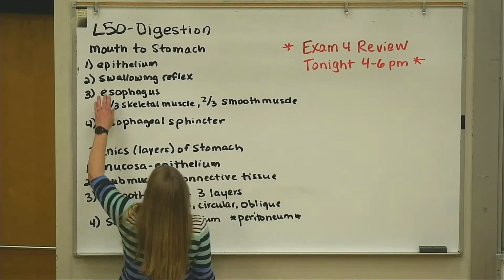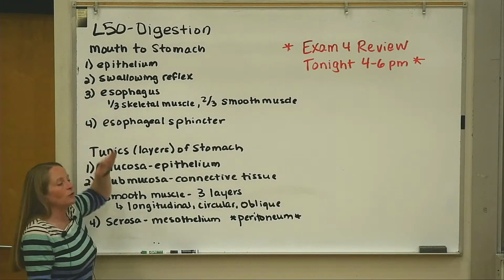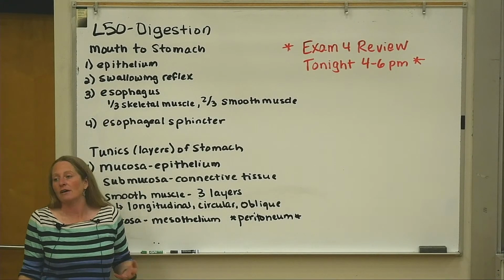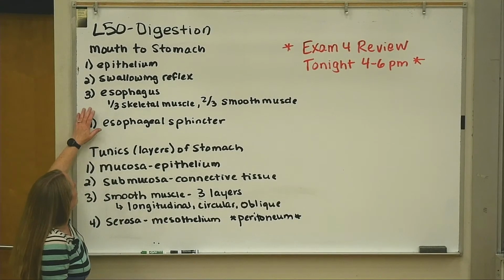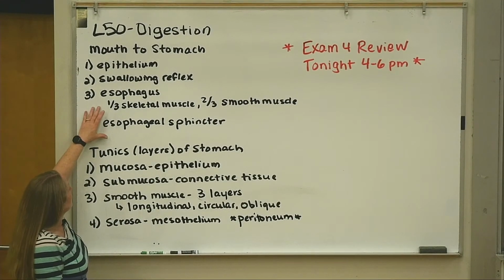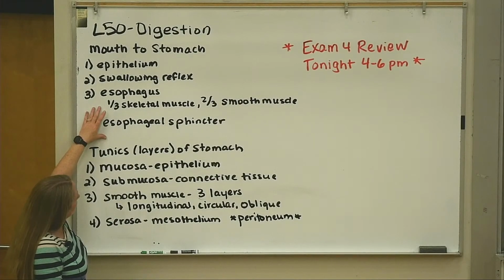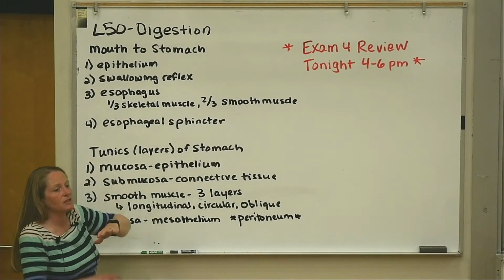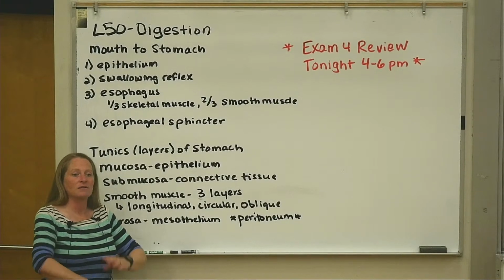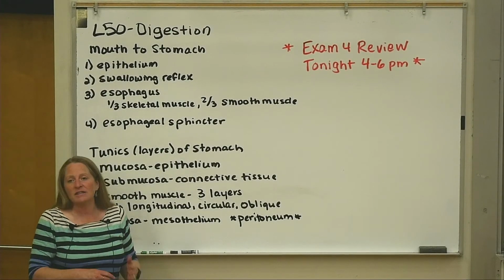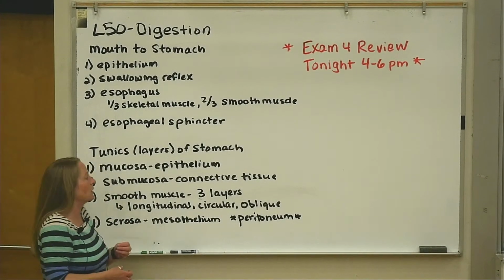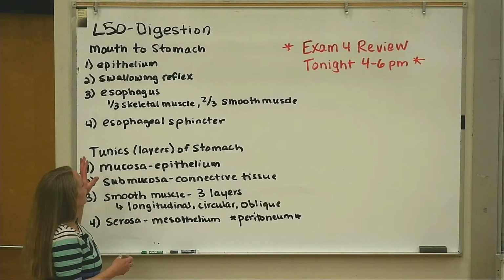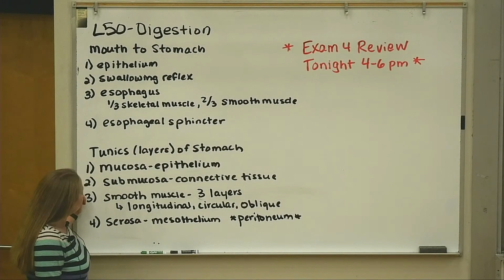We'll talk about the swallowing reflex, how we get the food from our mouth into our esophagus and then move it down to our stomach. In between the esophagus and the stomach is the esophageal sphincter, which helps to keep the stuff in the stomach. That's very acidic and has a lot of enzymes in it. You don't want it to come back up into the esophagus, so you've got a sphincter there that hopefully is working properly and will keep that food down.